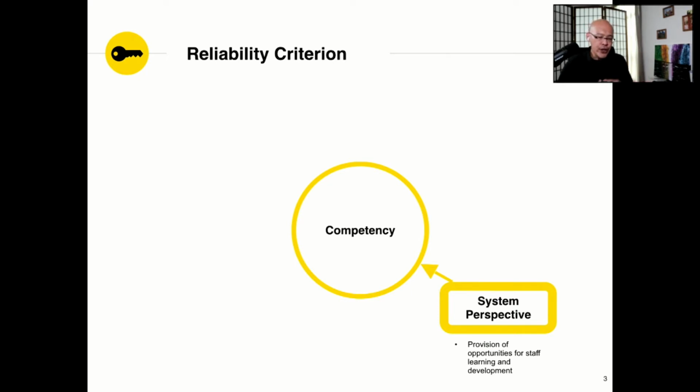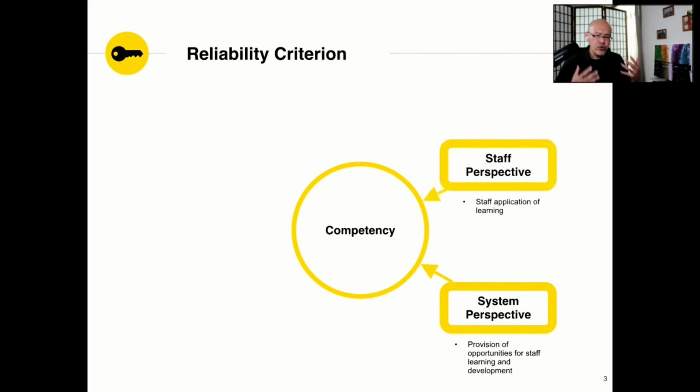And so, in addition to measuring the provision of opportunities for learning for our staff, we also want to be able to measure from the staff perspective. From the staff perspective, essentially what we're looking at is, okay, you have attended those trainings. Are you able to implement them in your classroom?